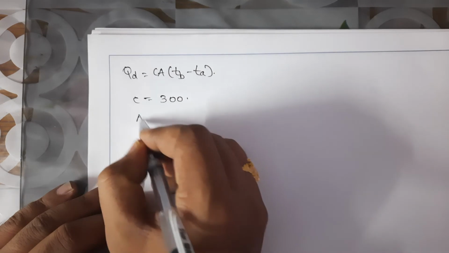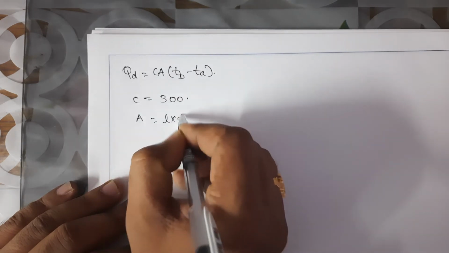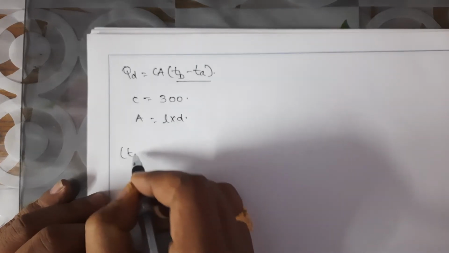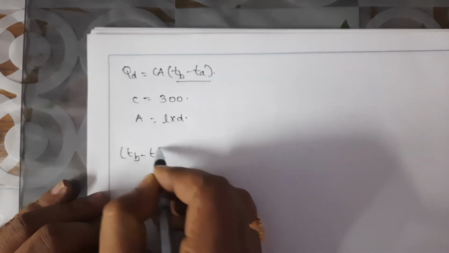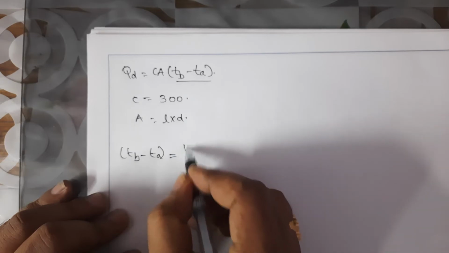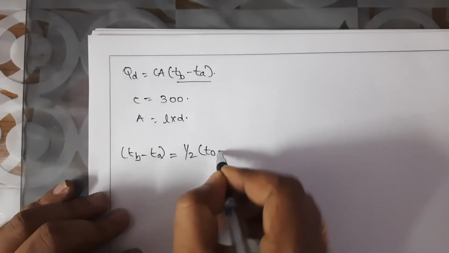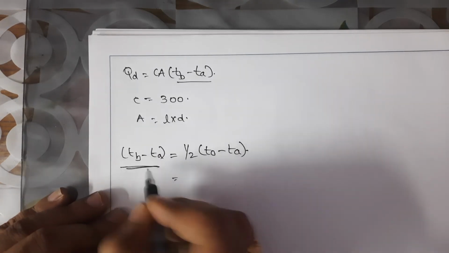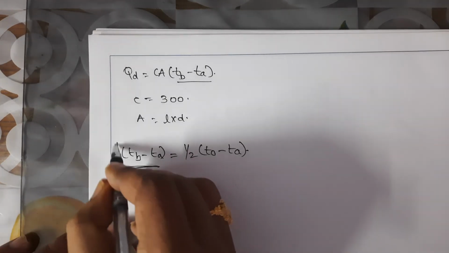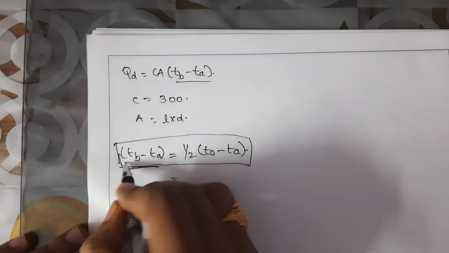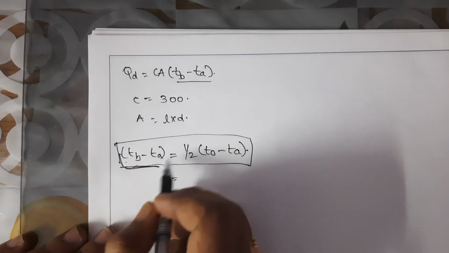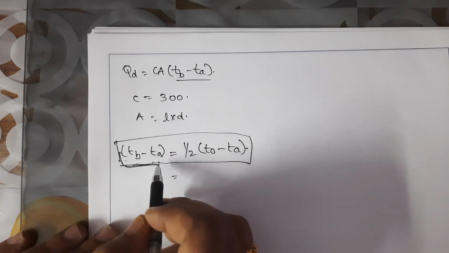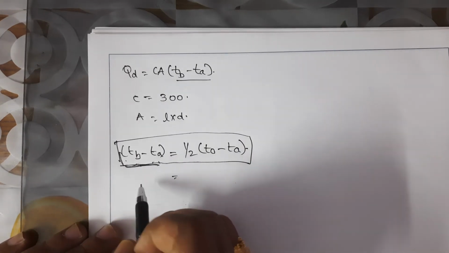Here the A value will be the projected area L into D, and TB minus TA. The TB minus TA can be found out using the formula: half of operating temperature minus atmospheric temperature. This is the relation we have to find the value of TB minus TA, so just remember it because it won't be available in the data book.